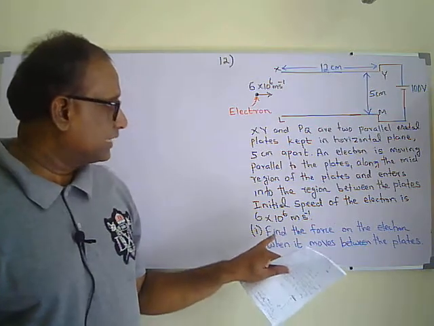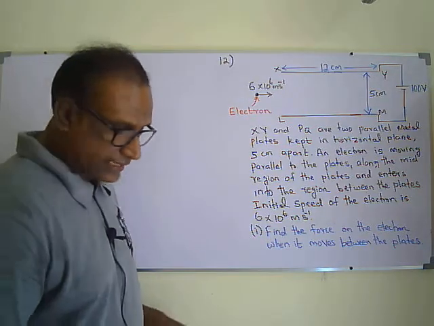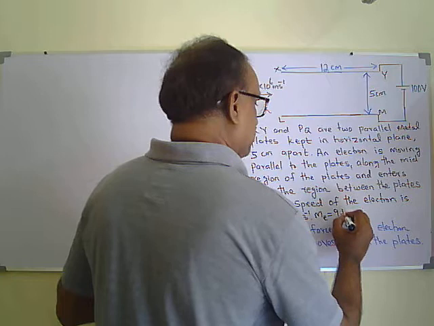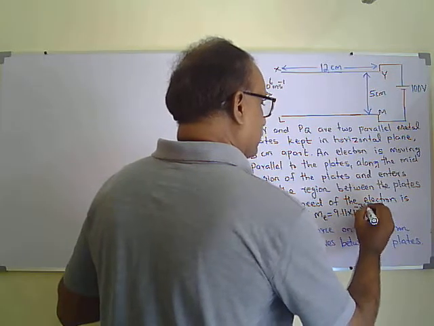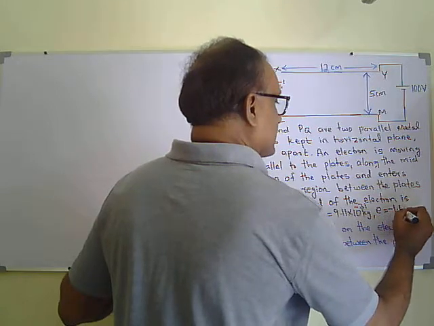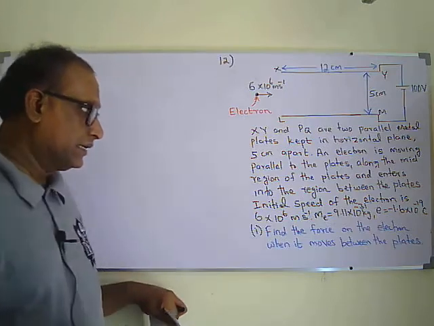I know the charge of the electron, right? It's not given, but you know that it is given in all the exams. Mass of the electron is 9.11 times 10 to the power minus 31 kilograms, and charge is minus 1.6 times 10 to the power minus 19 coulombs. You can get that anywhere, right?